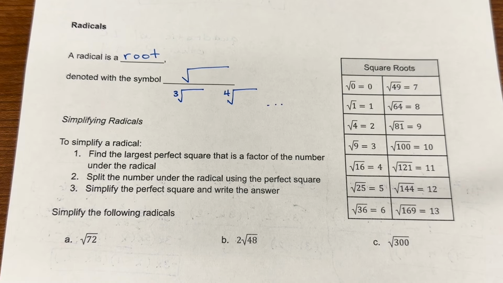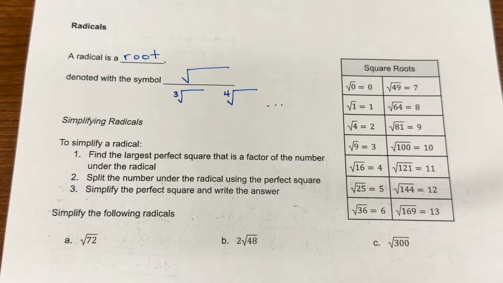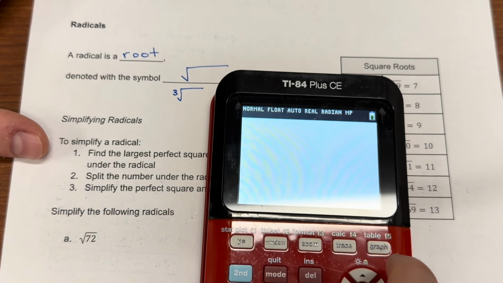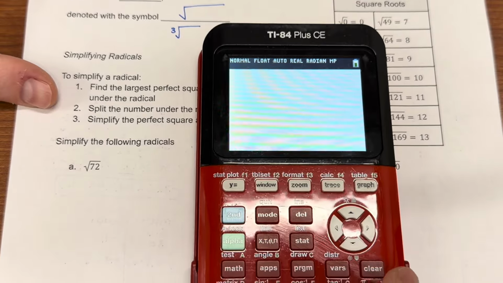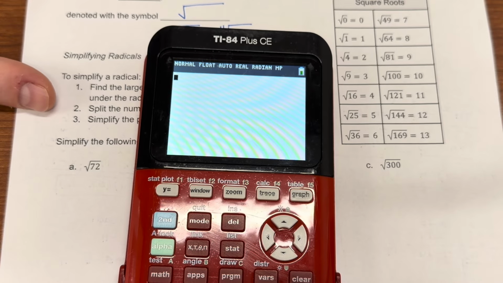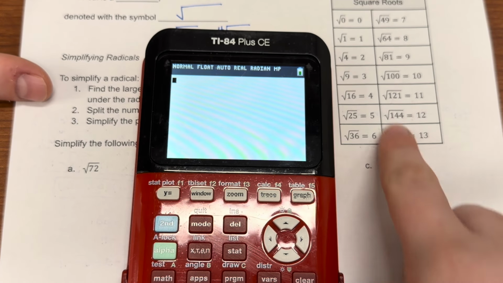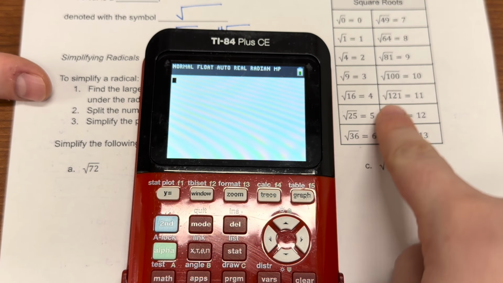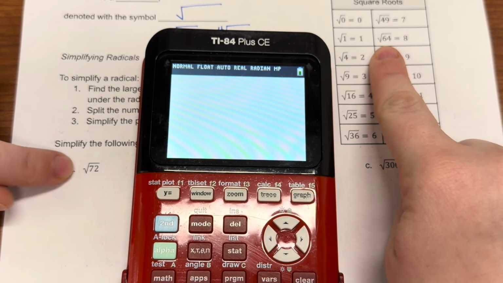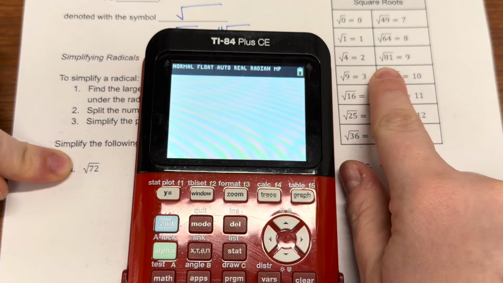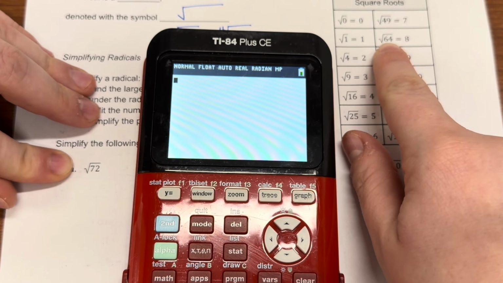So if we're looking at 72, let me get a calculator out so you can see how I do this. We want to simplify the square root of 72, so we look over to our chart and find the largest number that is smaller than 72. 81 is bigger than 72, 64 is smaller.